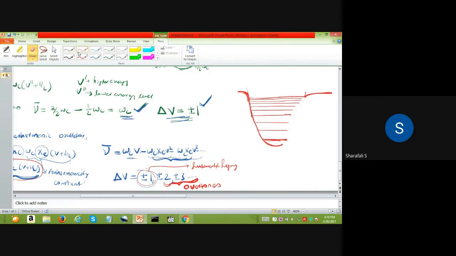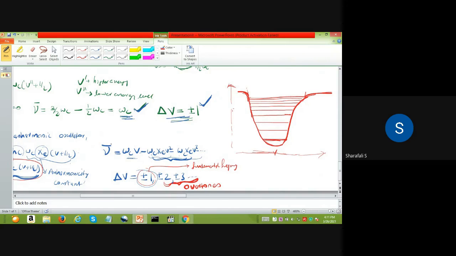I will explain how this curve comes in the next class. This comes from your R. You have to consider R on this axis, and this is your potential energy, which will come here. So you have to put it like this. I will explain those in the next class.